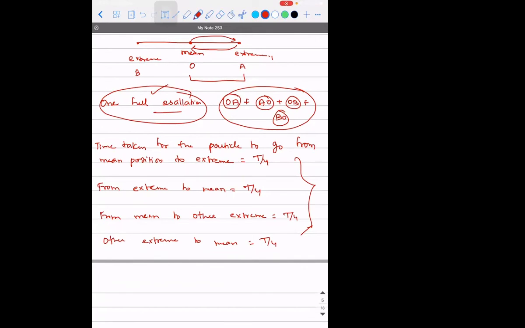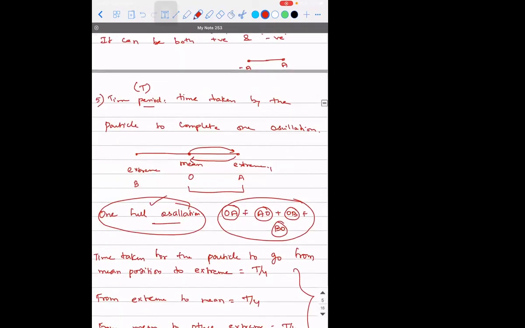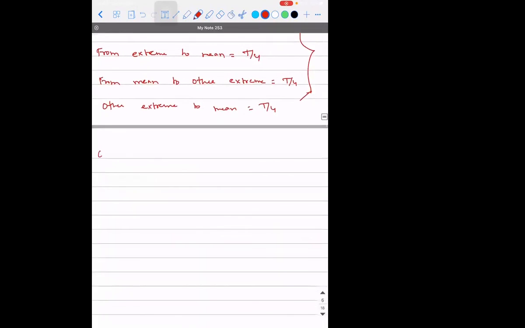T/2. What about 1/8 of the oscillation? It will be T/8. They will give you the times, don't worry. That's how we need to solve.